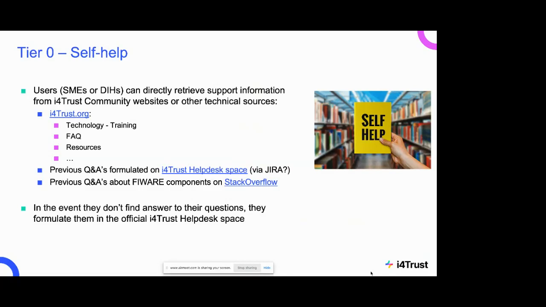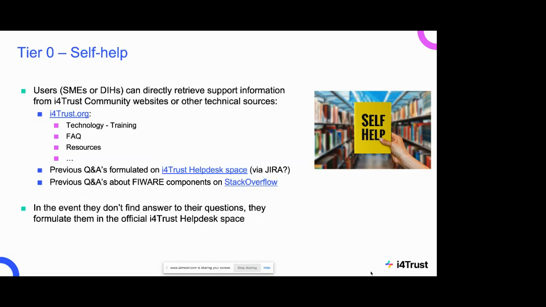And here, what we are essentially asking all the organizations that approach us for the first time, willing to get answers to their questions, is to somehow self-help by retrieving the necessary support information that we will make available in the different I4Trust community websites, and also other technical sources. I will elaborate a bit more about that later on.